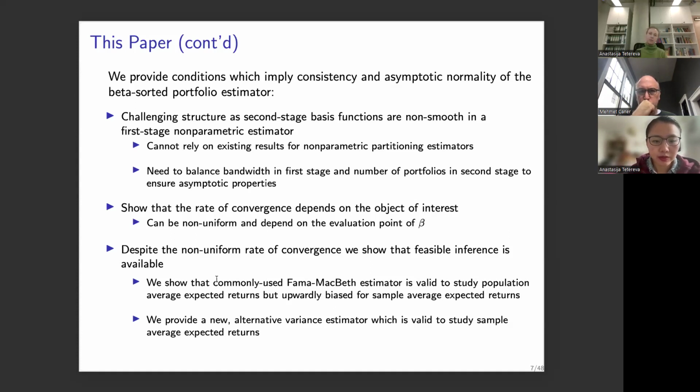In addition to the literature, where people typically do beta sorting, what we add to the theorems is that we can provide more precise or narrower bands for the estimator that give you precise inference.